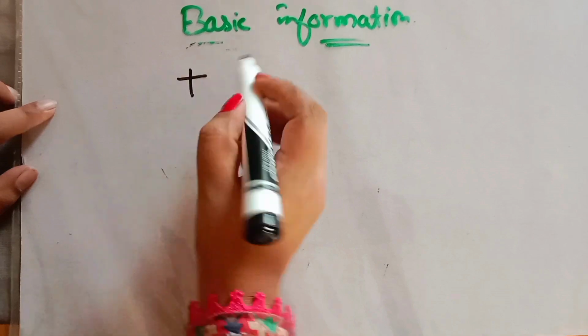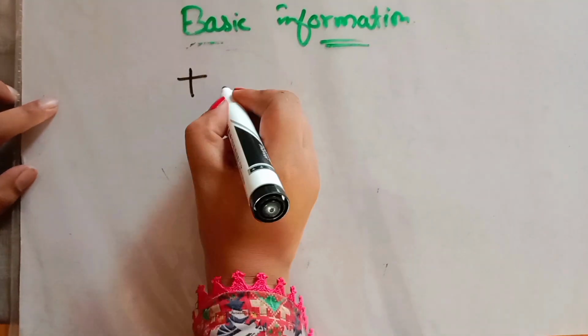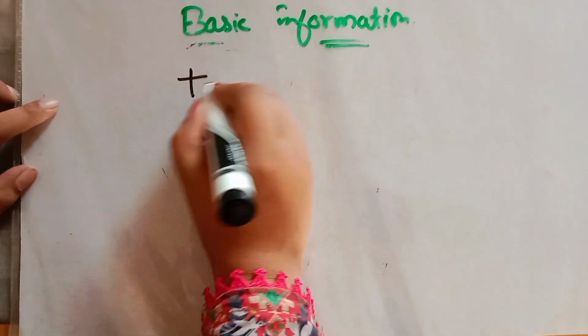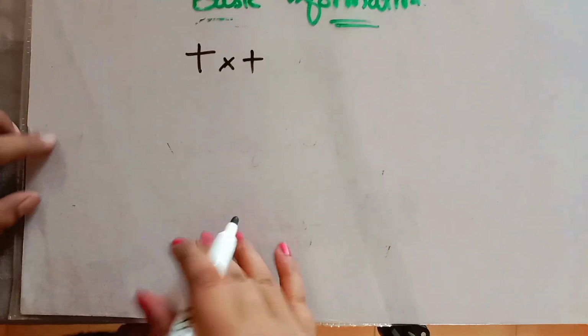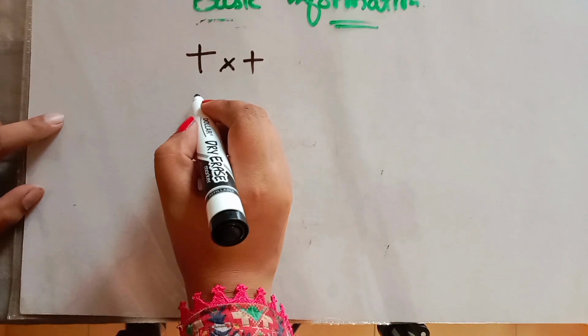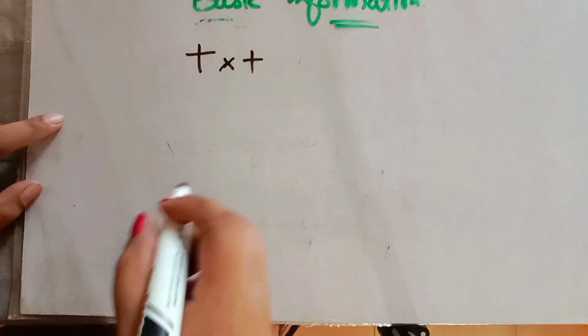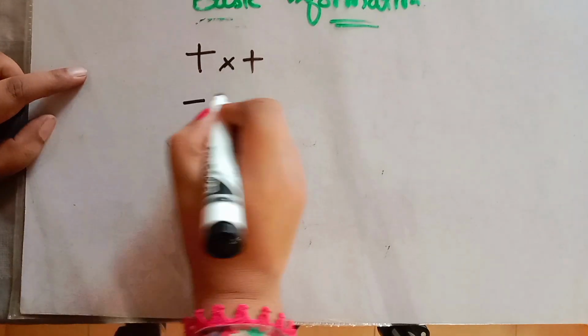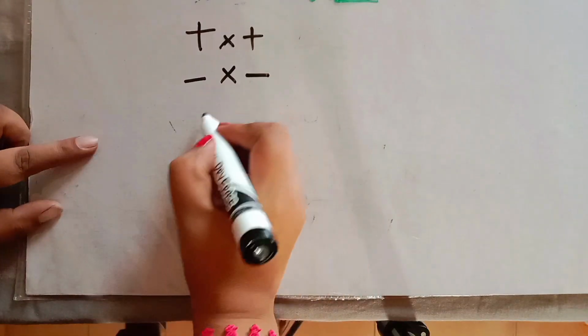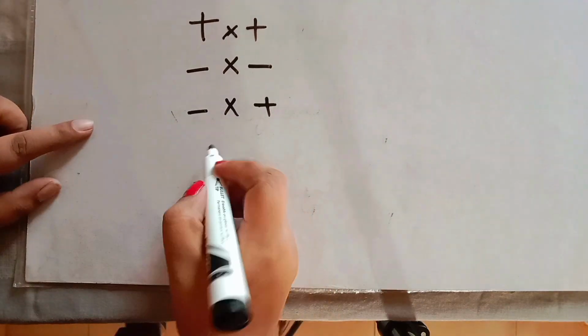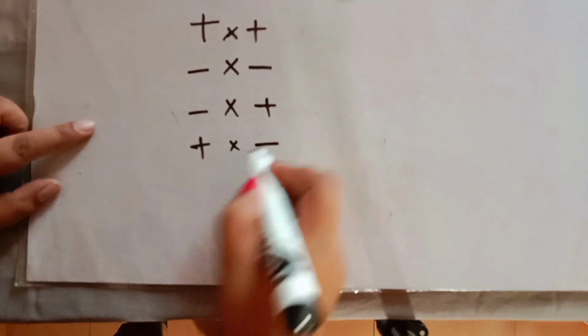So guys, what will happen if we multiply these basic symbols of mathematics? For example, plus multiplied by plus, minus multiplied by minus, minus multiplied by plus, and plus multiplied by minus.